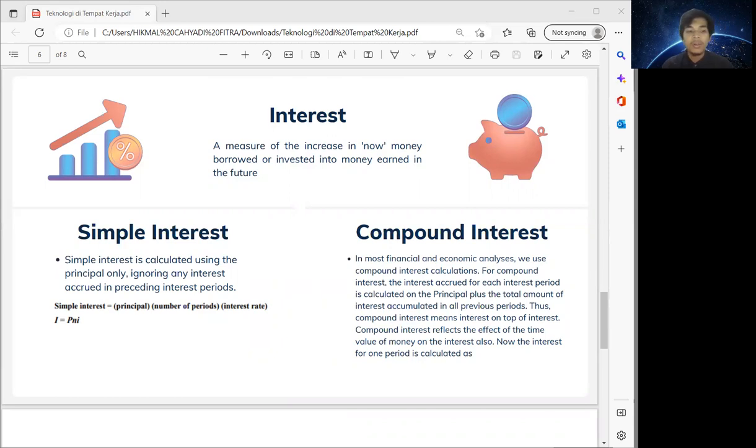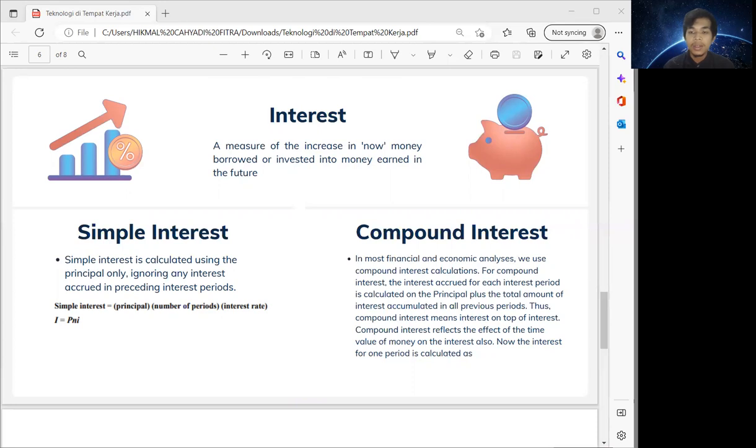Simple interest is calculated using the principal only, ignoring any interest accrued in preceding interest periods. The total simple interest over several periods is computed as simple interest equals principal times number of periods times interest rate. We can see it on the screen.